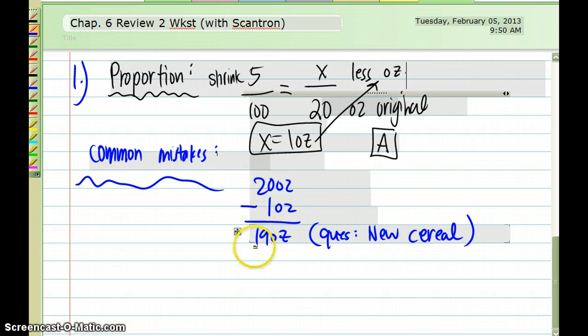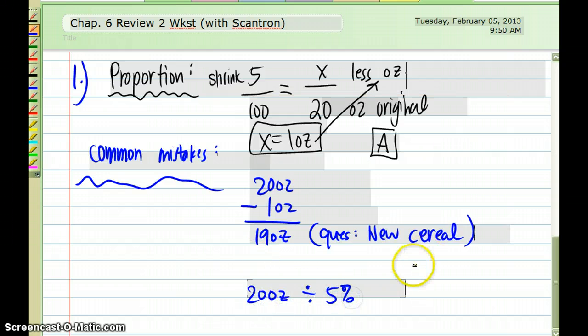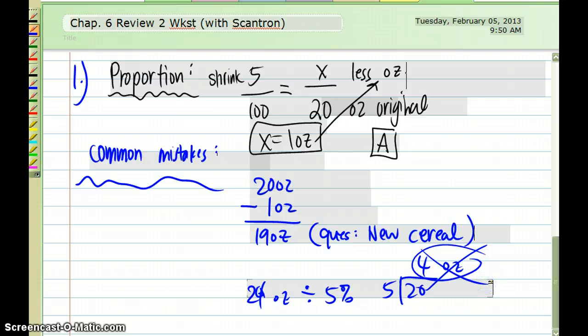Some of us like to divide 20 ounces by 5%, and what we get is 20 divided by 5 is 4, and we might think that that's the answer, 4 ounces. I'm not sure how you can divide ounces by a percent and still get ounces, because ounces divided by a percent is ounces over percent, like a fraction, and we're not looking for ounces per percent, we're looking for just ounces.